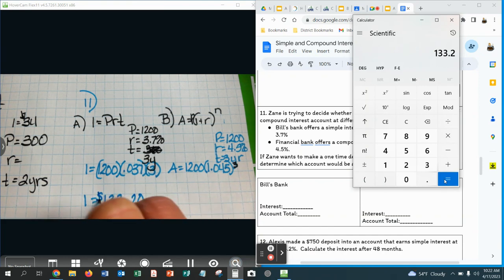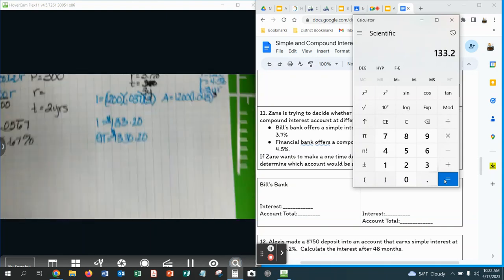Did you get this and just add it to the 1,200? Okay, so at the end, you could actually say the grand total is going to be $1,333.20 after 3 years. That's what the account would have.